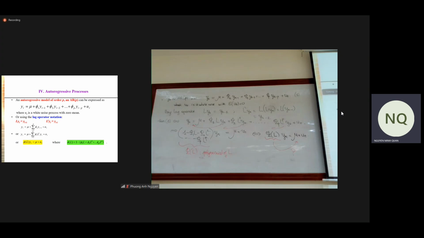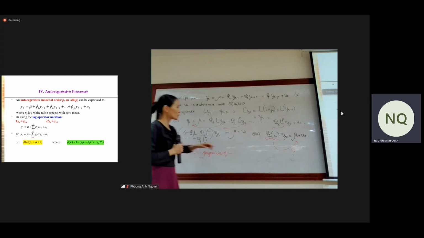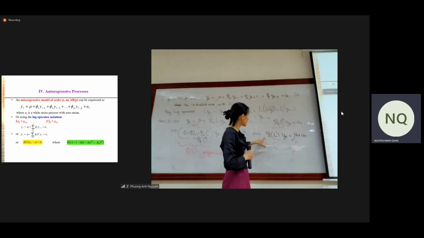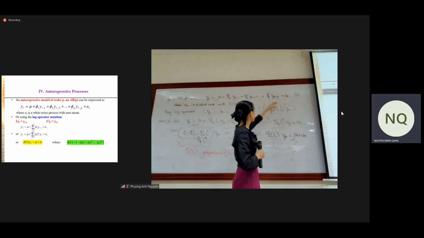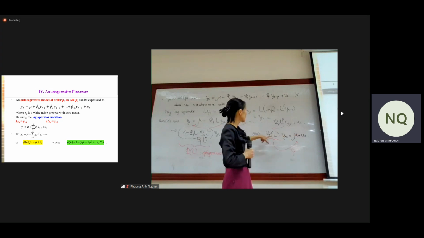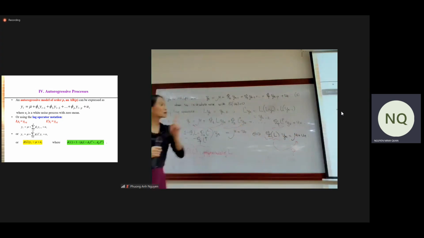That's why we try to expand from here. Suppose you are there after transforming to the AR form, and now I'd like to go further. Remember phi(L) is a polynomial. Have you ever seen something like this?